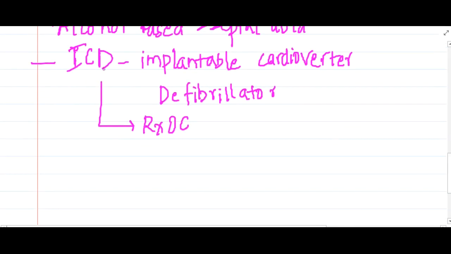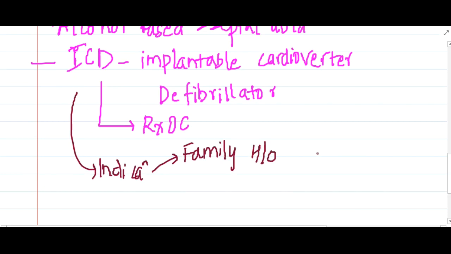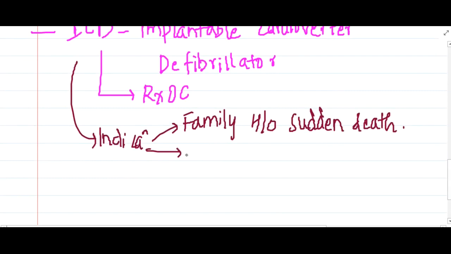Okay, this is actually indicated. If you see the indications, this is indicated if there is any family history of sudden cardiac death in the patient, then we should immediately take him for implantable cardioverter defibrillator.